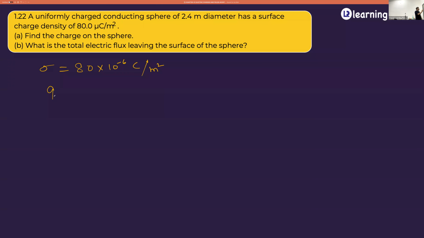So Q will be equal to sigma into A. Sigma is 80 into 10 power minus 6, and since it's a sphere, area is going to be 4 pi r square. Diameter is 2.4, so the radius will be 1.2, the whole square. When you solve this, it will give you the amount of charge that is present.